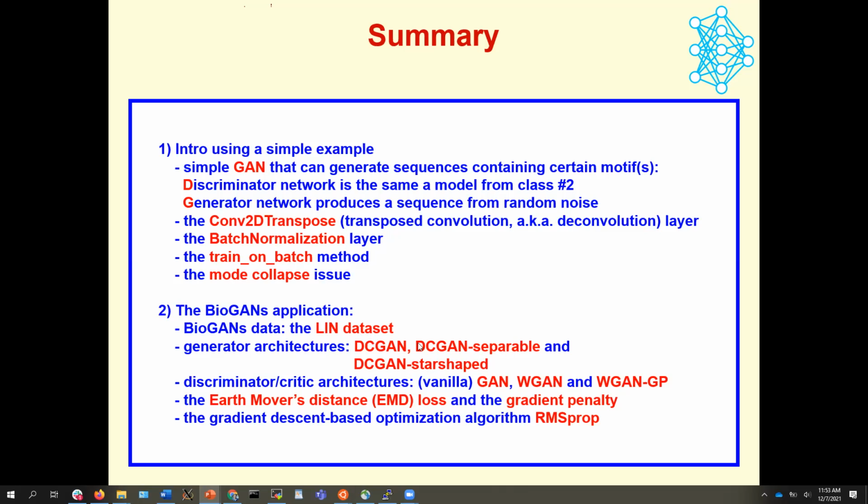We discussed different architectures of DCGAN and its possible improvements, DCGAN separable and star shape. Also, we discussed improvements to the discriminator architecture, WGAN and WGAN GP, the Earth mover distance, and the RMSprop optimizer.